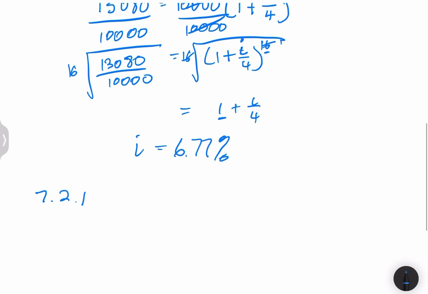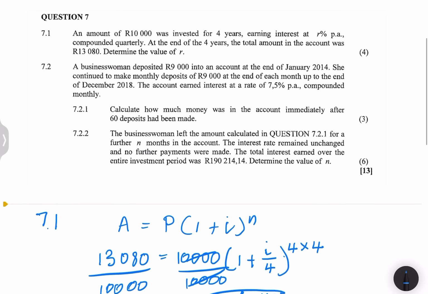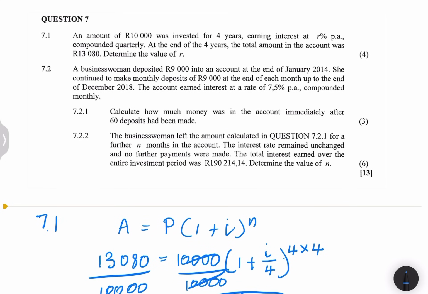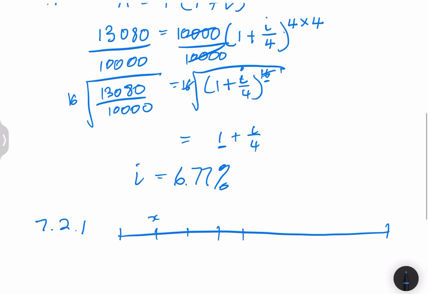Okay, so what we did there, we know that we are depositing, in this case, a fixed amount. This would be on month 1. I'm assuming this is at the end of January, so that's at the end of January 2014.